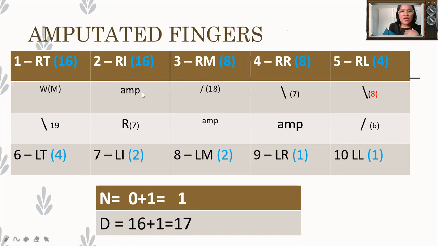If this is amputated, what will you do? You have to use this to establish the finger at the right index. So it's just a matter of being patient enough to understand the rules. Okay? I hope you learned, and keep trying at home.